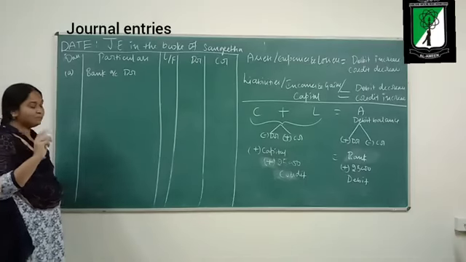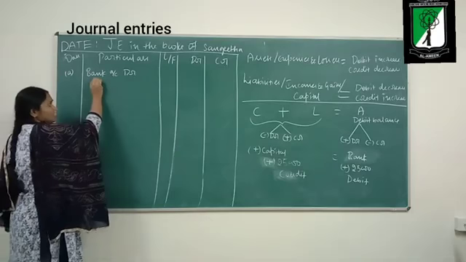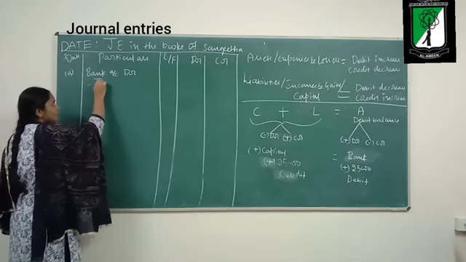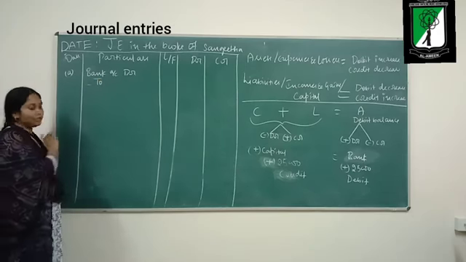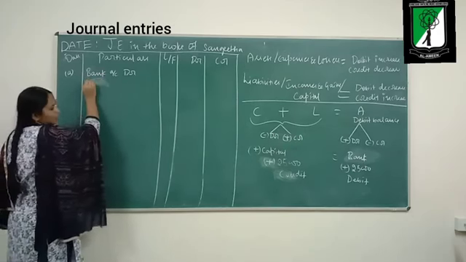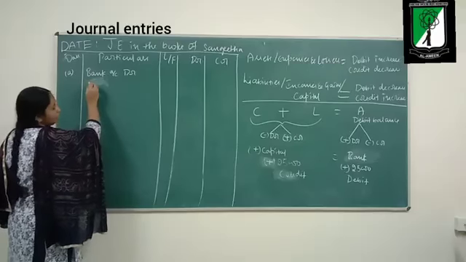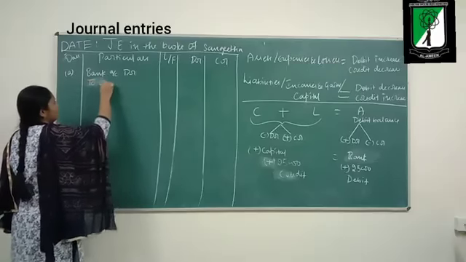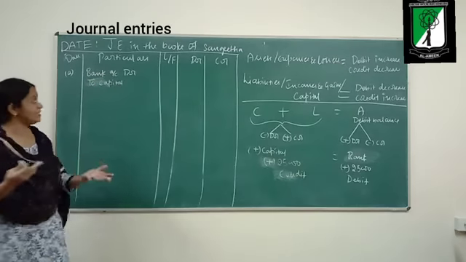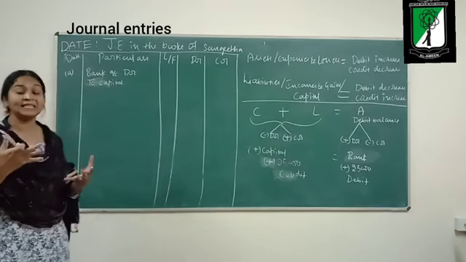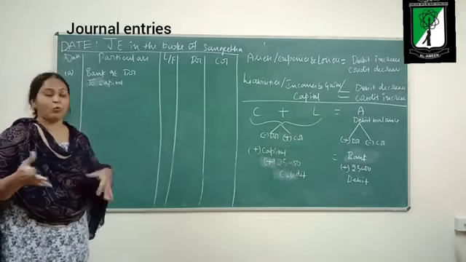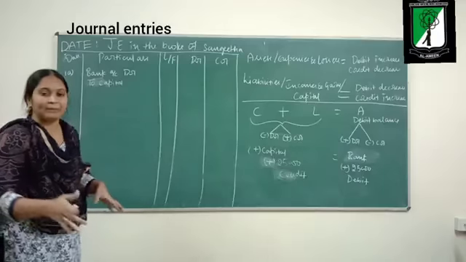It's an abbreviation. To start the credit, you should leave some space and then start with 'To'. For example, if I write 'To capital account' right here, I cannot differentiate this. I cannot easily locate what is being credited and what is being debited.